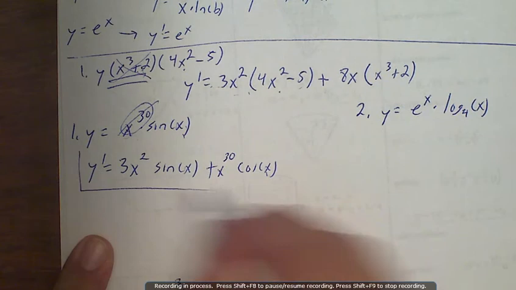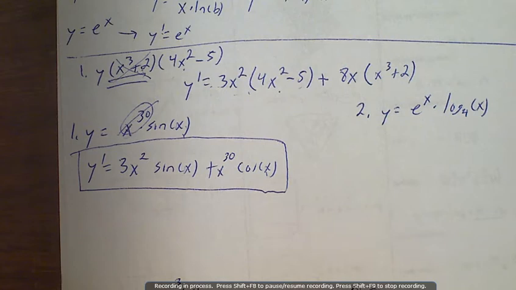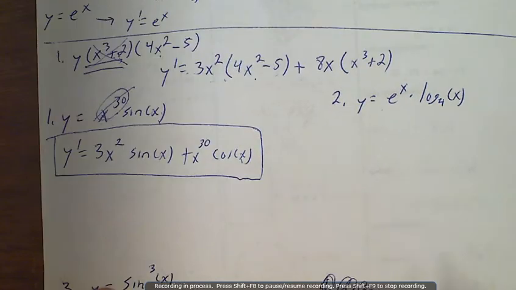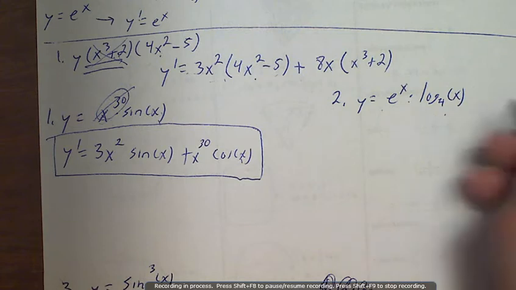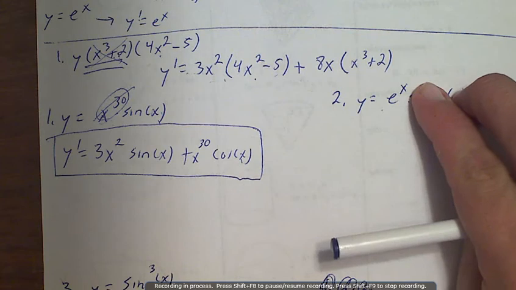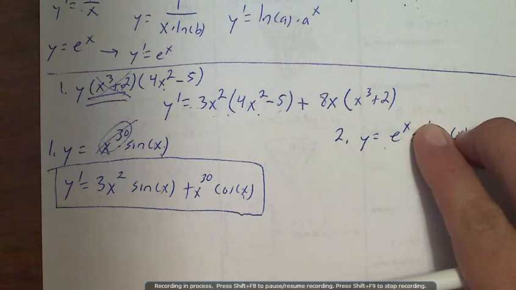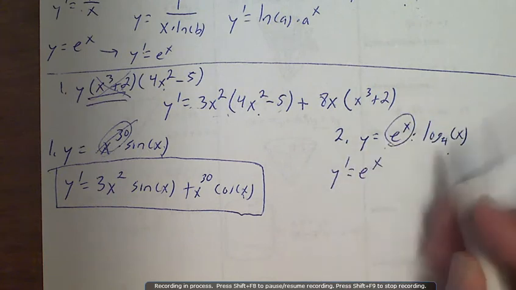Okay, another example. E to the x times natural log of x. It's a product, so I do the derivative one at a time. I'll do the derivative of e to the x, and then leave everything else. The derivative of e to the x is e to the x. So I did the derivative of the first one and left the rest there. Plus, now do the derivative of the second piece.